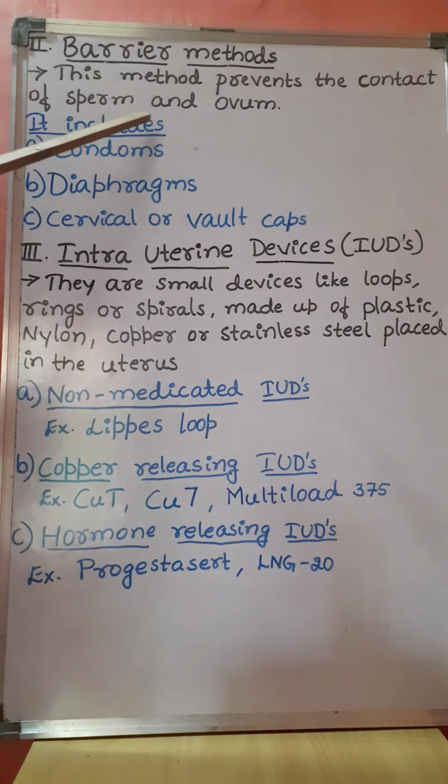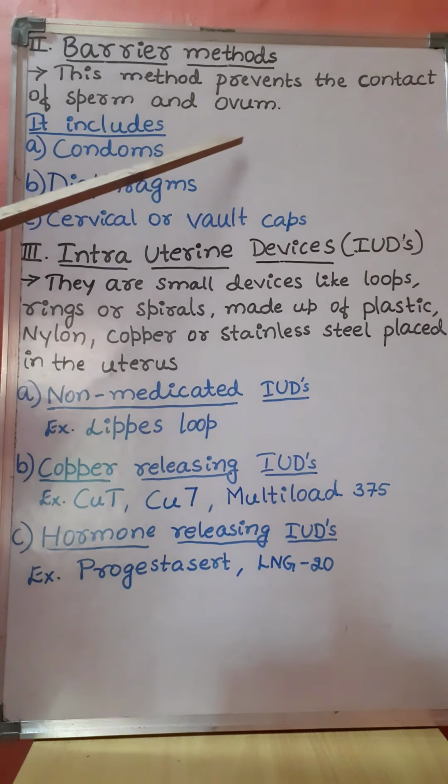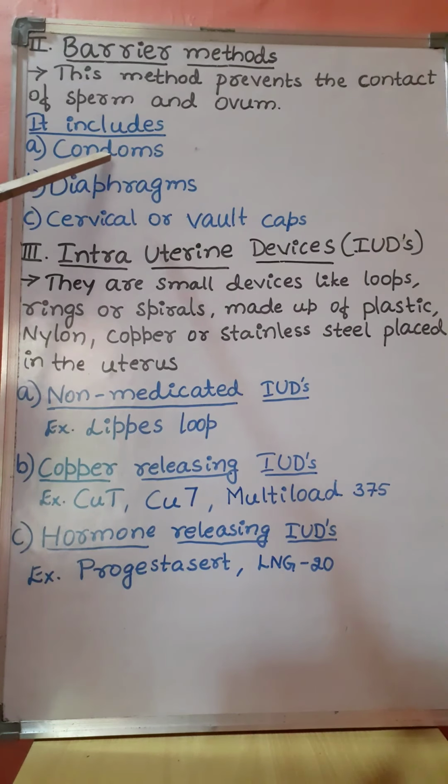Condoms are used to cover the penis before sexual intercourse, and they collect the semen including sperms, thereby preventing the entry of sperms into the vagina, cervix or uterus of the female reproductive system.